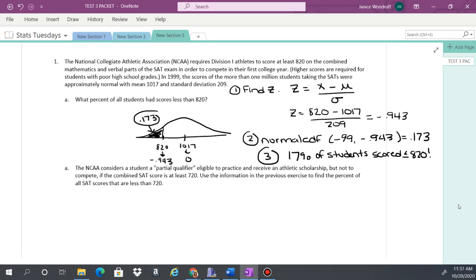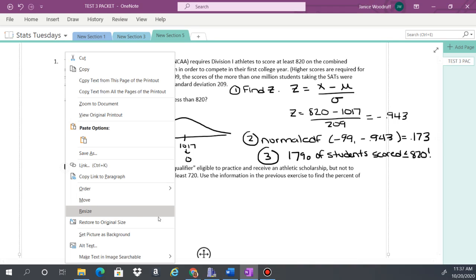So 17% scored less than or equal to 820. So it's a lot more than you would think. 17%, that's a pretty significant amount, I would think. All right, and then part 2, or B, there was just a typo there.